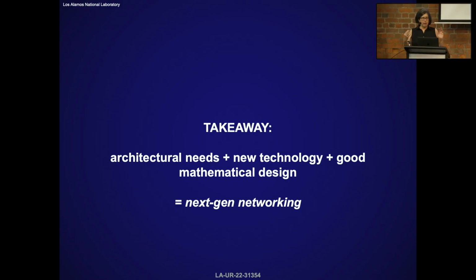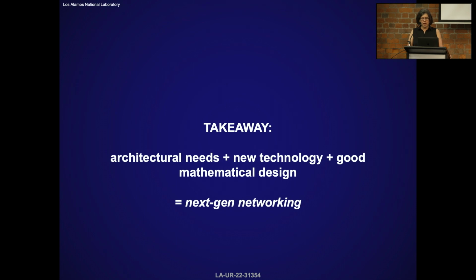So the takeaways for this talk are basically, you've got architectural needs, where you want to join a whole lot of nodes together. You've got new technology, which gives you opportunities with higher radix, and also it's an impetus to do more. You know, if you've got tiny latency between nodes, well, now the target is to reduce the number of nodes so you have even less.